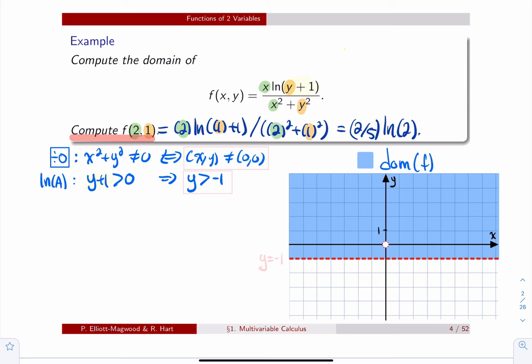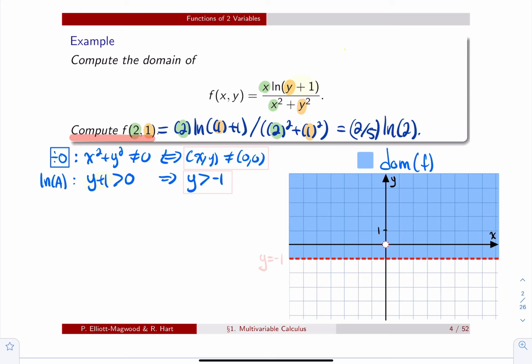If you simplify, 1 plus 1 is 2, so you have ln of 2 at the numerator. You have a 2 that multiplies that ln of 2, and all that is over 4 plus 1, which is 5. So you have your output. Just be careful: replace the corresponding x's by 2 and the corresponding y's by 1, evaluate, use your calculator, or simplify depending on your skills.